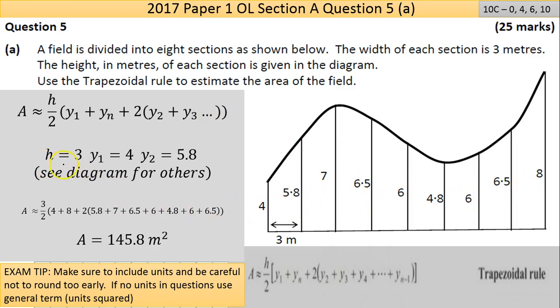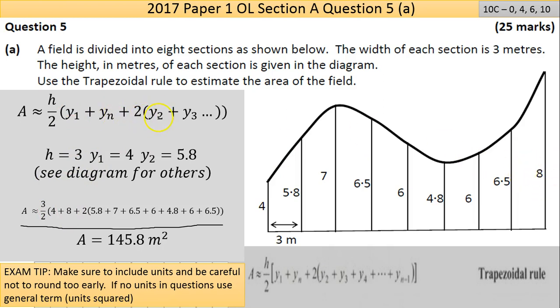But from the diagram, h is equal to 3, y1 is 4, y2 is 5.8, y3 is 6.5, y4, etc. So you're trying to fill in here, I've done it here, it's pretty small, but your h is 3 over 2, so that's there. First is 4, last is 8, that's given here.